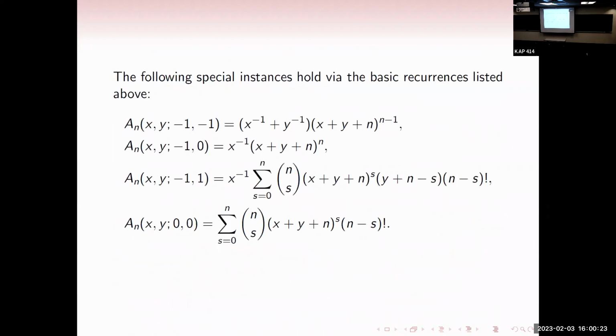Is this a generating function for some common? Yes. So Abel's binomial theorem, for example, if you take both to be 1, then it corresponds to trees.